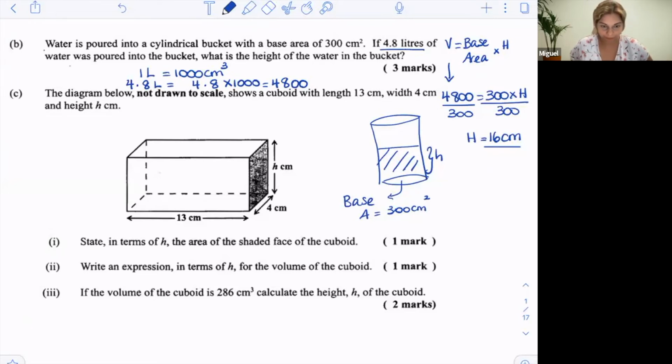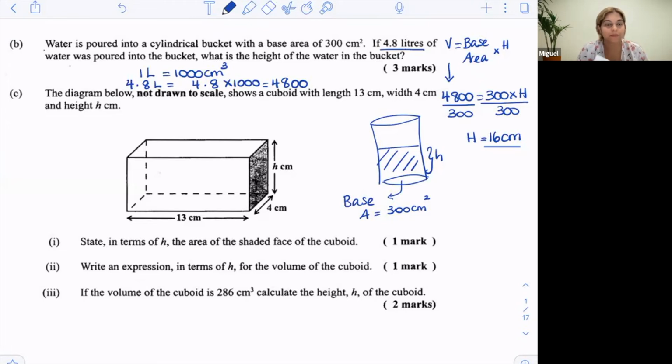So we have what we call a cuboid, and the cuboid is made up of rectangles, 6 rectangles in particular. So it's just like a box here, right? This is my cuboid.